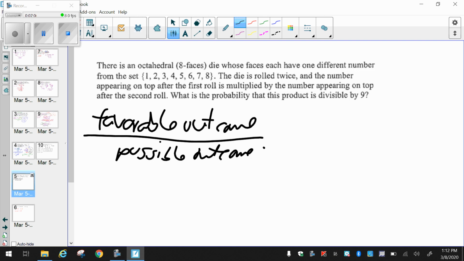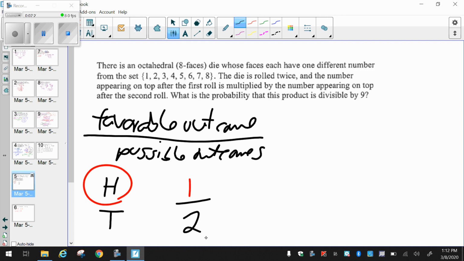So for example, if we flipped a coin, our possible outcomes are heads or tails. If I choose heads, then my favorable outcome is 1 because I only win if I get heads, and my possible outcomes are 2. So my probability of winning the game would be 1/2.